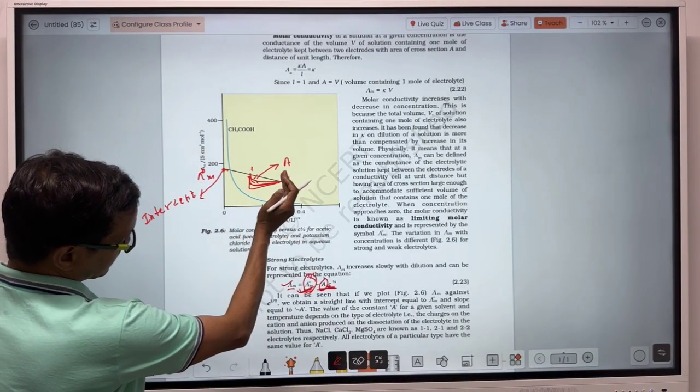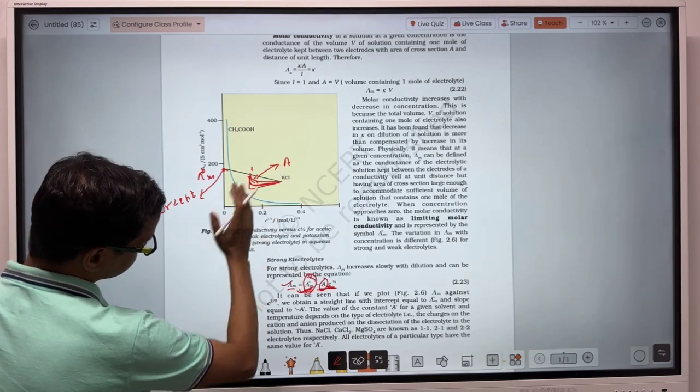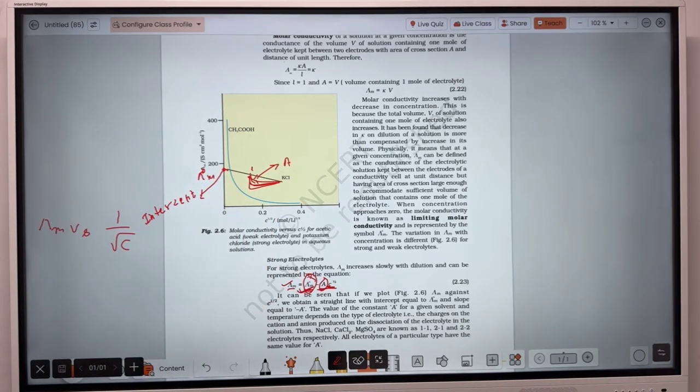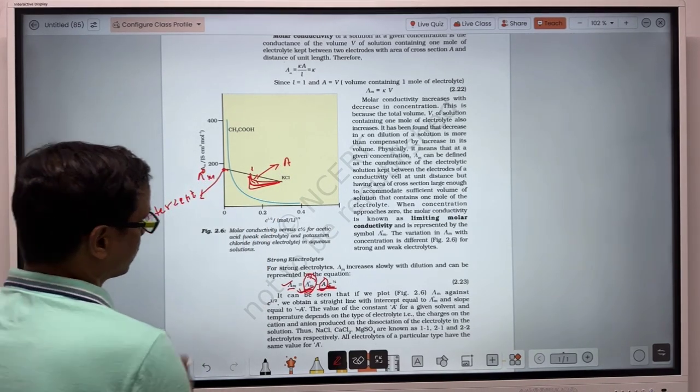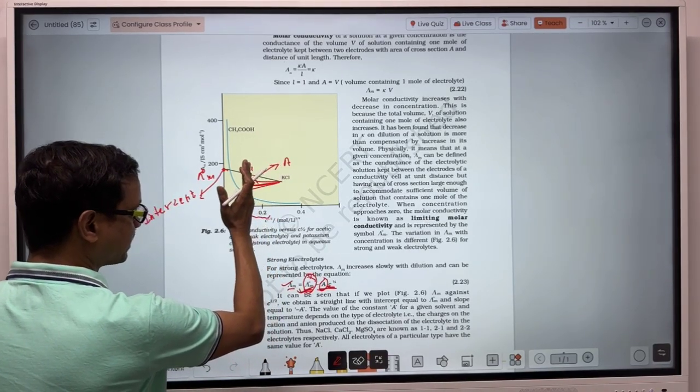So under root c will decrease. If you move along this graph from right to left, under root c is decreasing. That means concentration is also decreasing, so conductivity will increase.